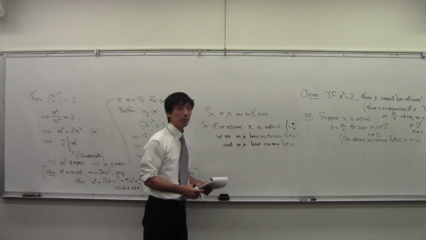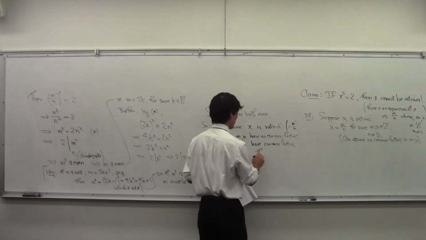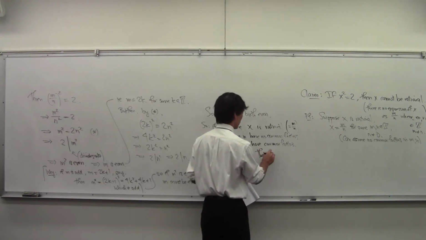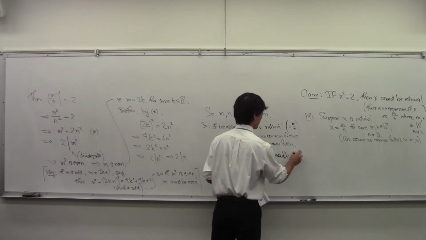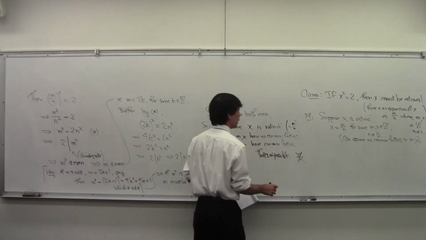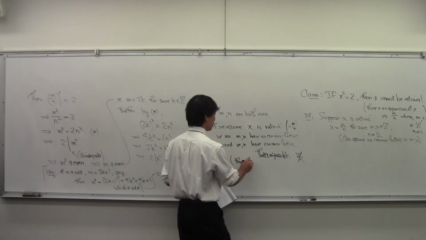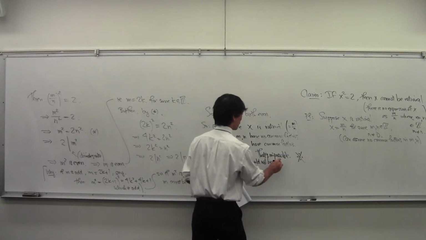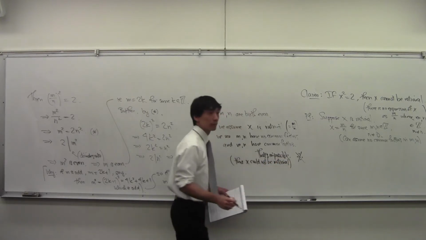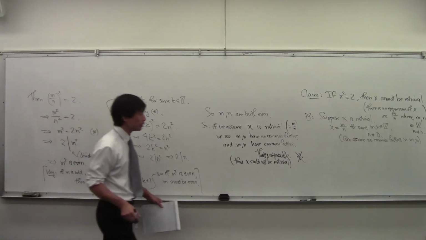Right? So that's a contradiction. That's impossible. So thus, x could not be a rational number. So this is the contradiction.